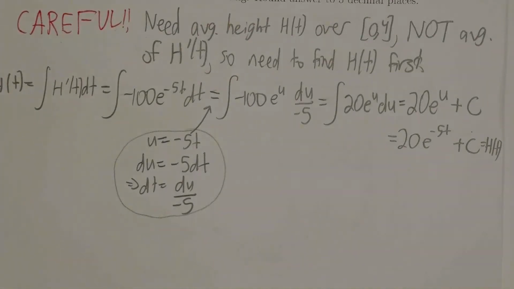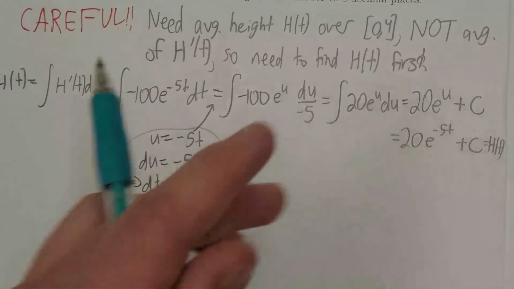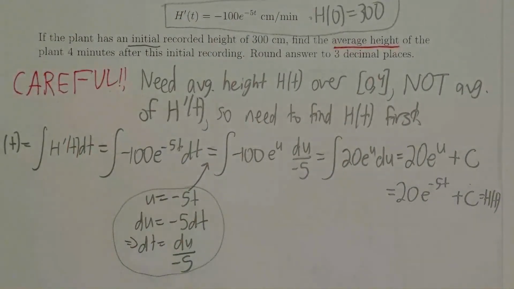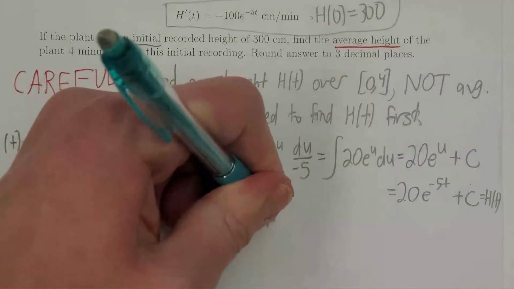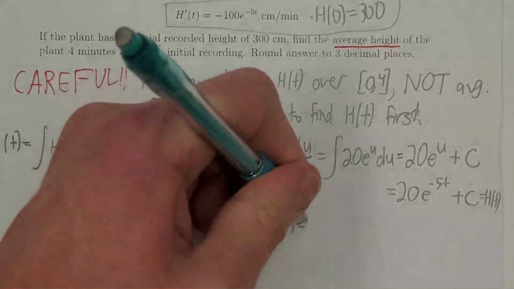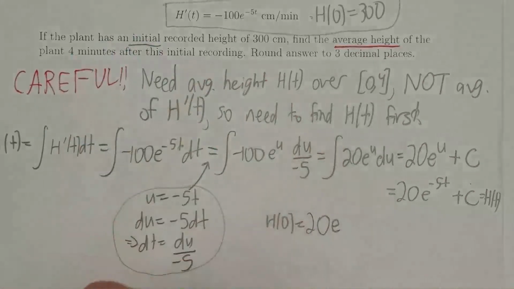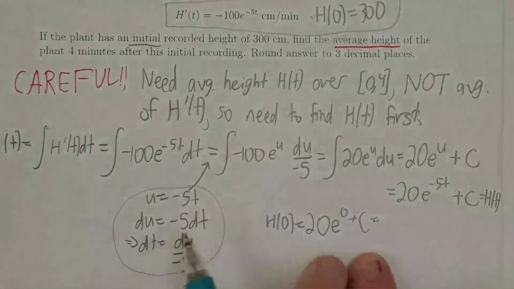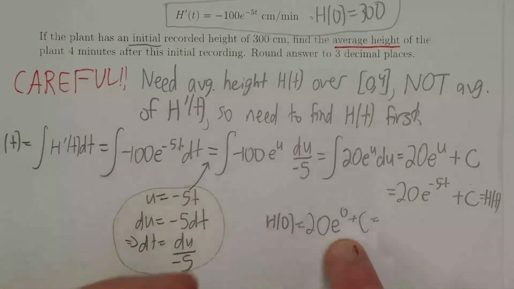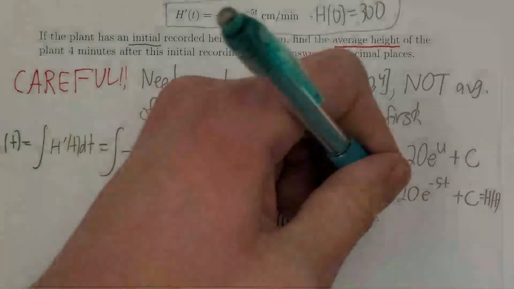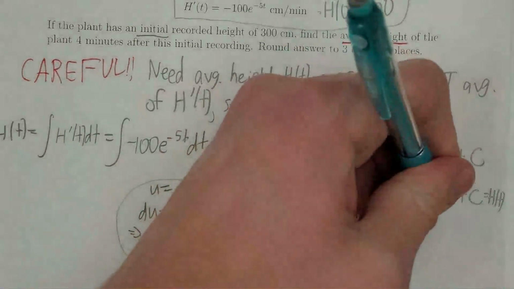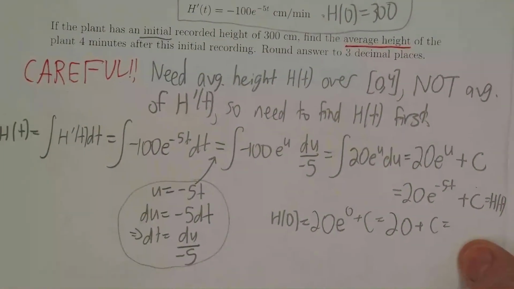So we have a general form, so now let's use our initial condition to figure out the particular solution here. If we let t equal 0, we end up with 20 times e to the 0 plus c equals, noting that e to the 0 is 1, 20, so the first term is just 20 plus c, and that's all equal to, by our assumptions, 300.